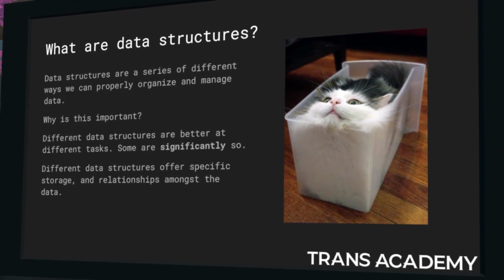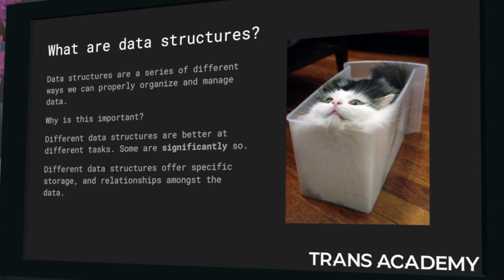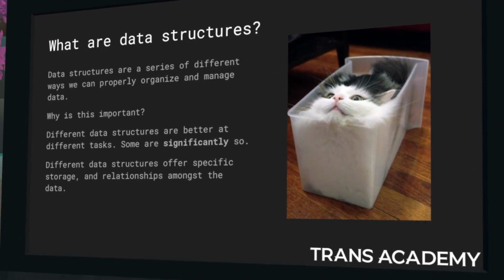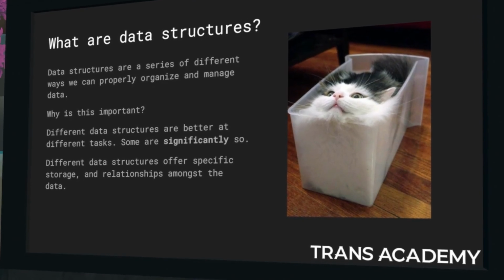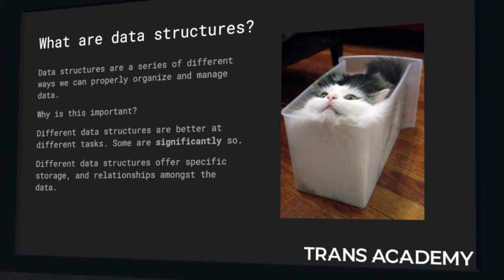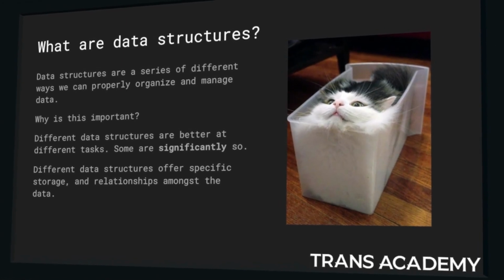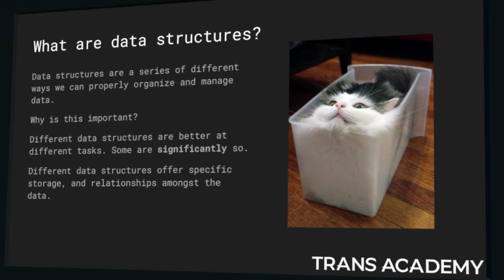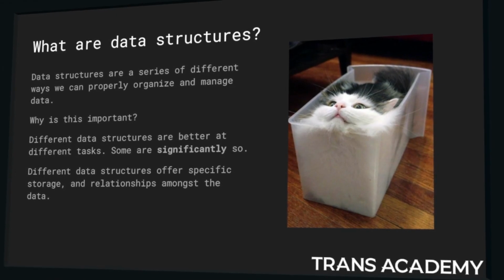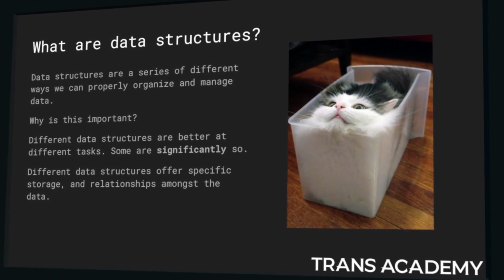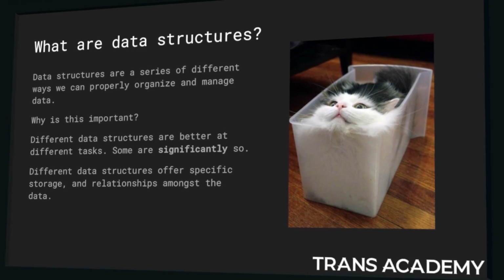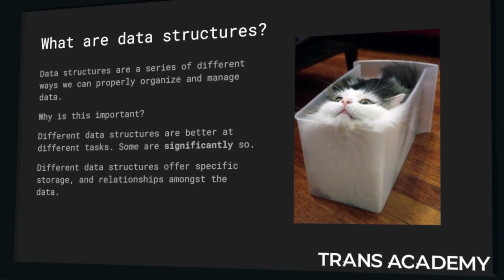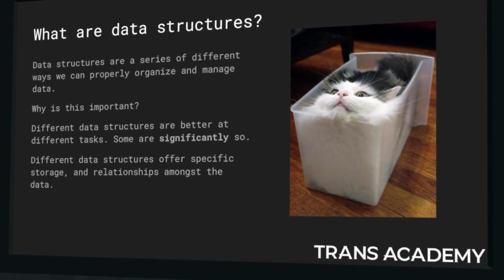Why is this important? A few different reasons. The biggest one that we're going to touch on here is organization and structure. It is far easier to represent a group of objects as an array or as a list than it is to reference them each as an individual variable, just as an example.